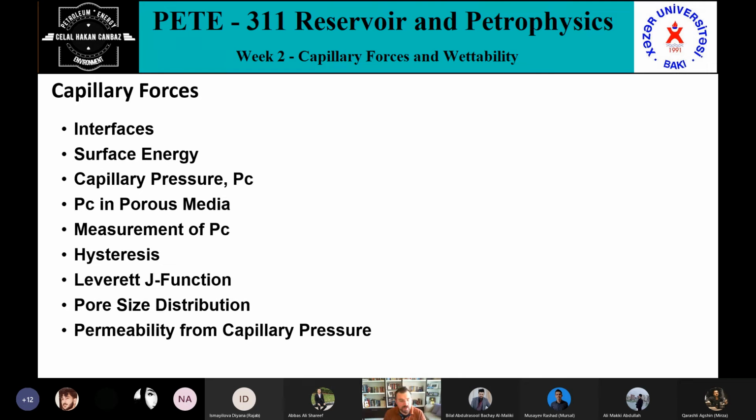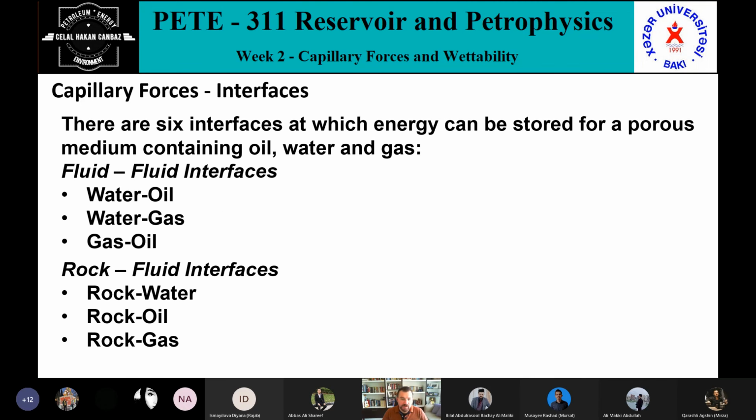J function, a little bit of pore size distribution, and permeability from capillary pressure will be included. Most of them will be included, and you will definitely have an idea regarding the capillary forces and the wettability phenomena which is occurring inside the pores, in porous medium.